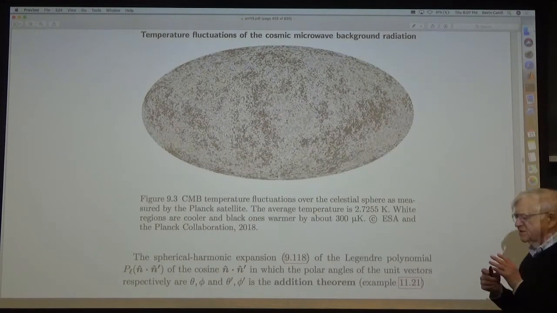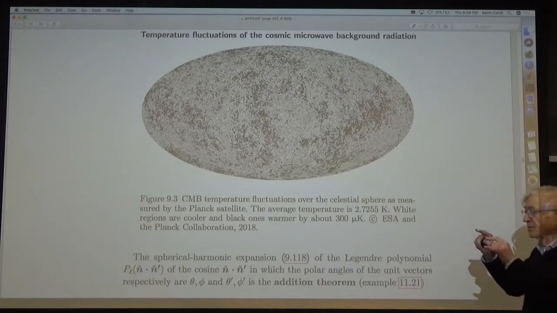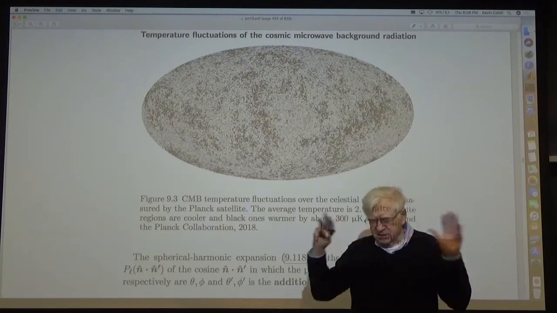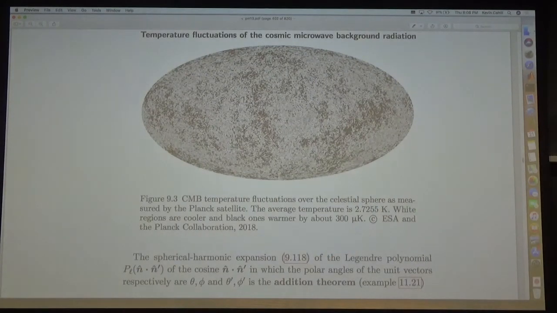And this, by the way, this period of transition from a plasma that was totally featureless from the point of view of optics, because the photons were constantly being scattered by electrons.